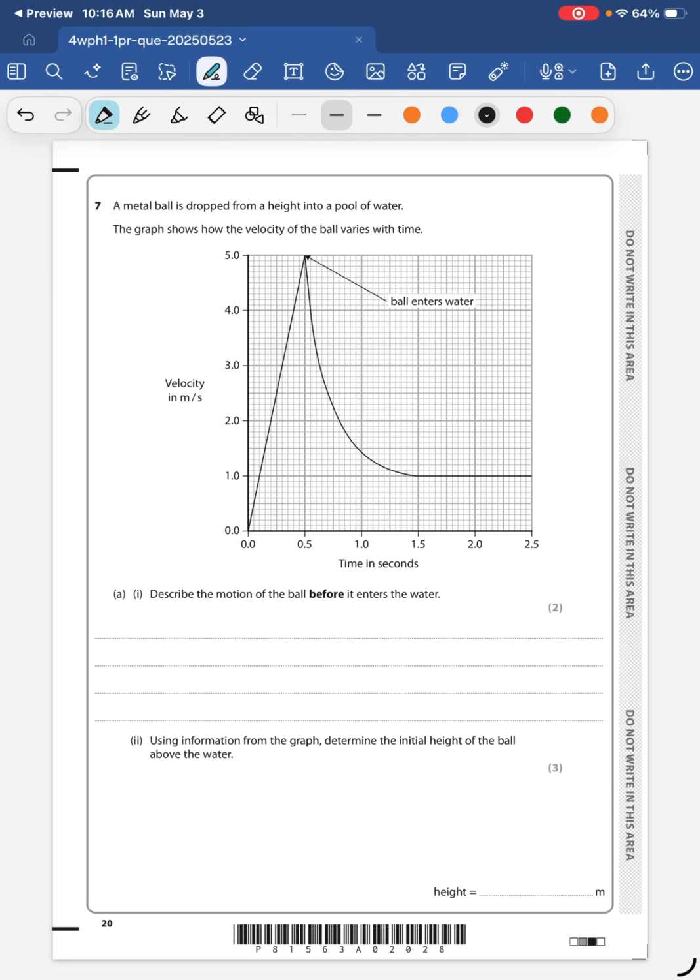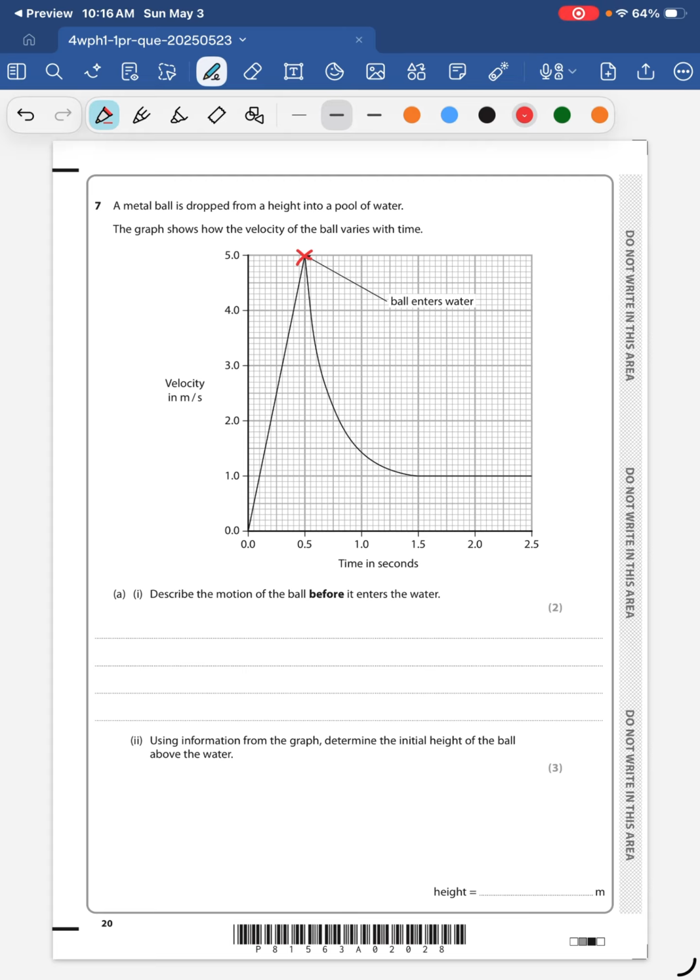Okay, question 7. A metal ball is dropped from a height into a pool of water. The graph shows how the velocity of the ball varies with time. Describe the motion of the ball before it enters the water. So the point where it enters the water is over there with the red cross. Okay, so we see that it accelerates. It goes from 0 to 5 meters per second in 0.5 seconds.